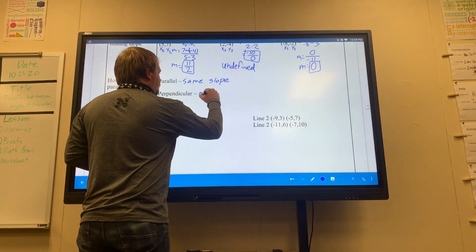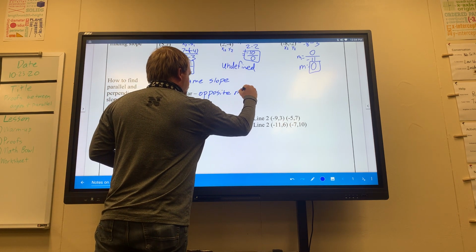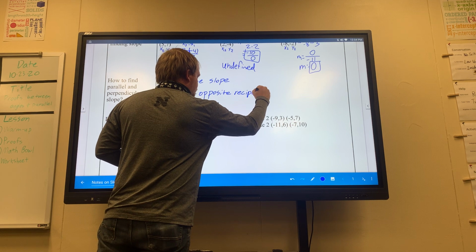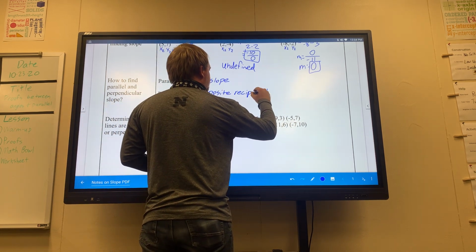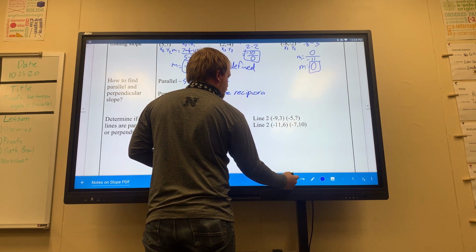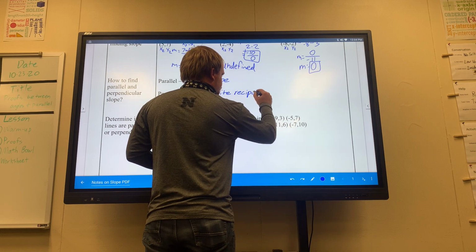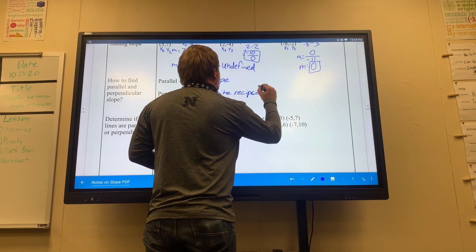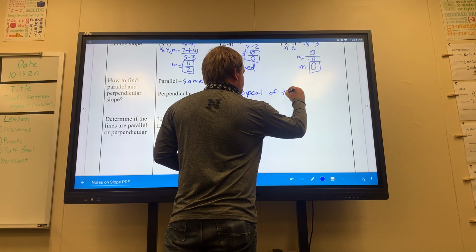It is the opposite reciprocal of the slope.